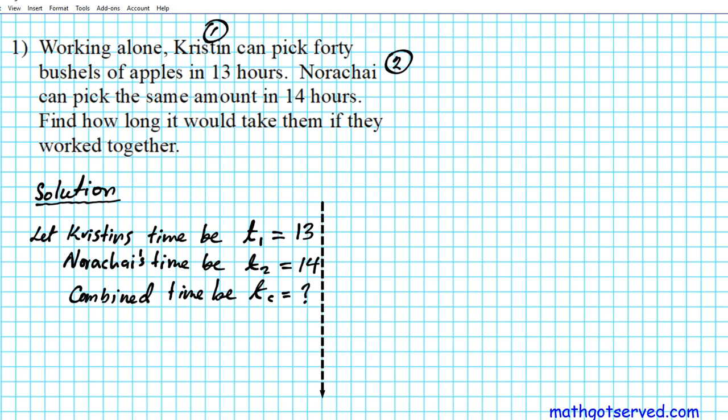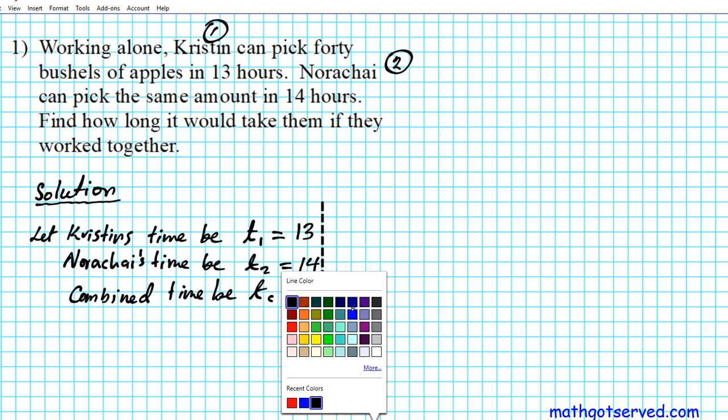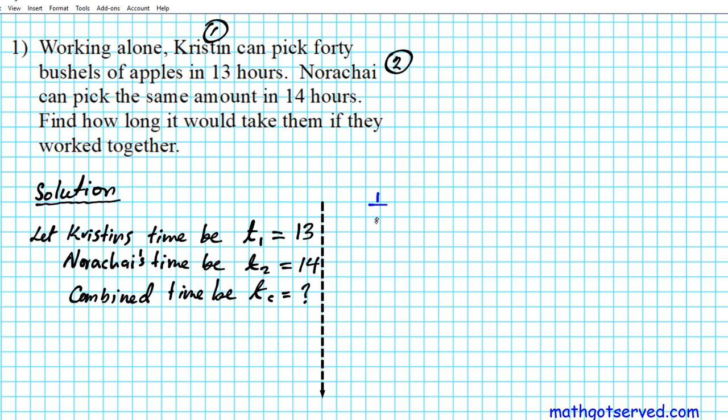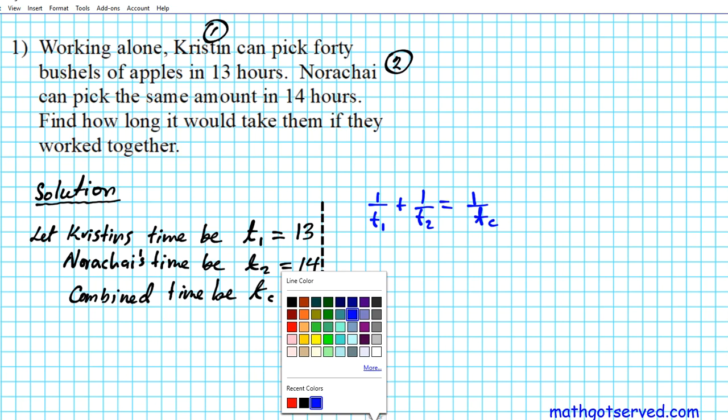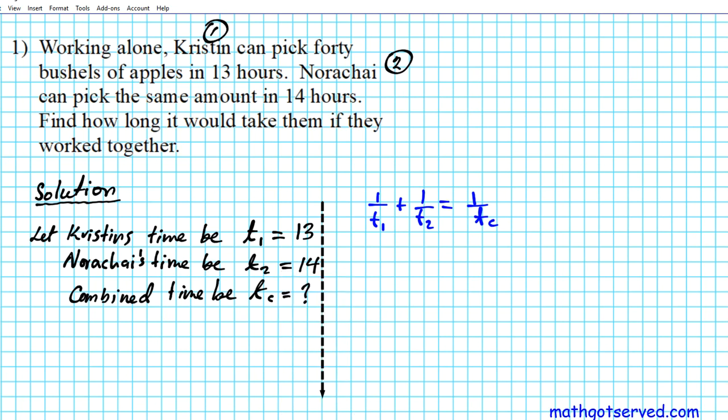Now, let us take a look at the formula again. The formula is color coded: 1 over T1 plus 1 over T2 equals 1 over T combined. We're going to plug it in and solve. So we have 1 over the time for Kristen, which is 13, plus 1 over the time for Narachai, which is 14, equals 1 over T sub c.